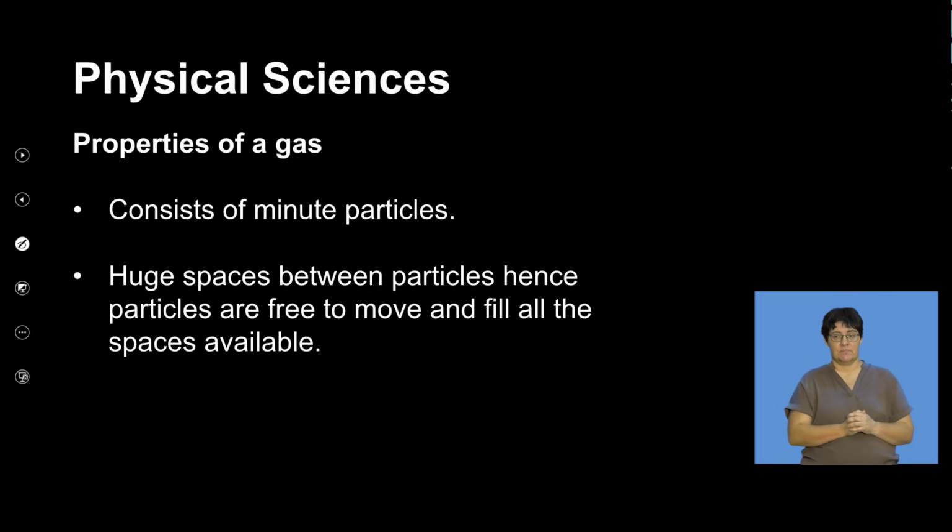Right. Let's look at a gas, okay, which is the third state of matter. Also in a gas, the substances consist of minute particles, which is consistent with solids as well as liquids. However, there are huge spaces between the particles, and hence these particles are free to move.